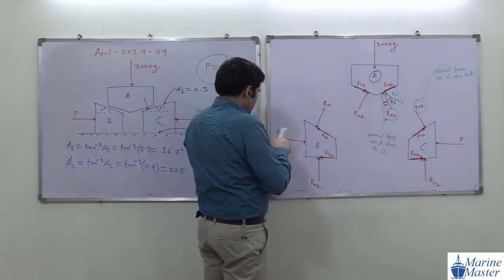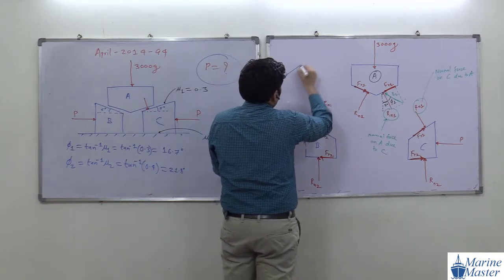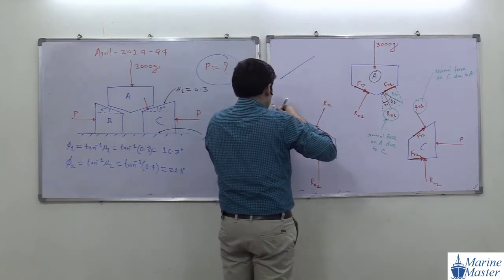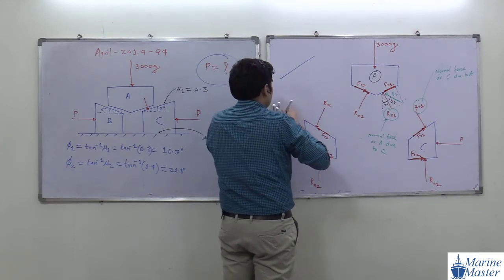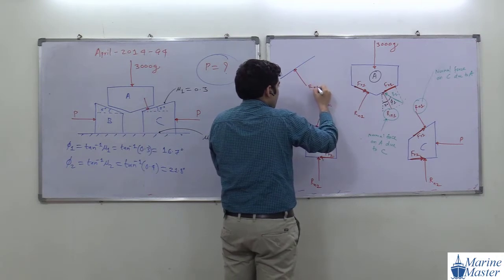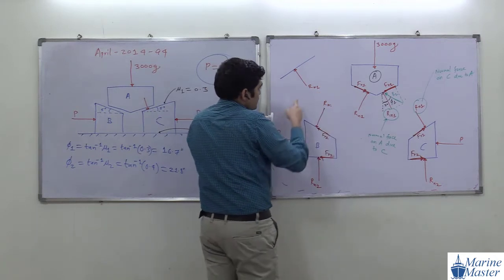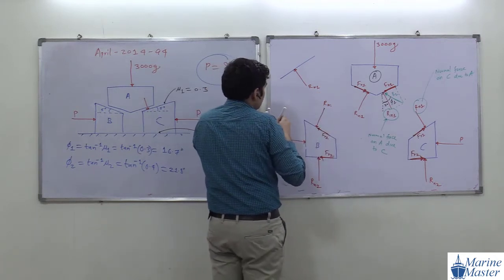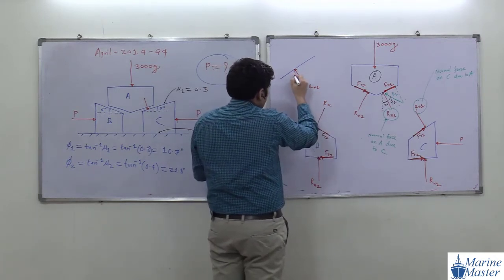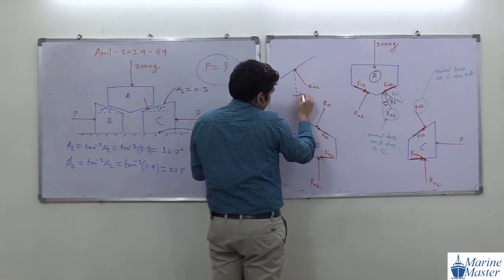For your understanding, I am writing its explanation, how we are getting 5 degree. See, guys, this is our normal reaction Rn1. I am explaining how we are getting that. Rn1 is perpendicular to the plane. Sorry, this is a vertical line.